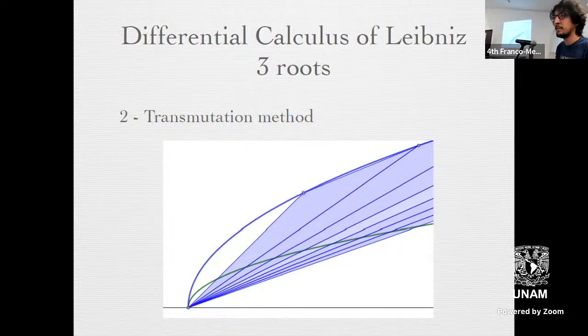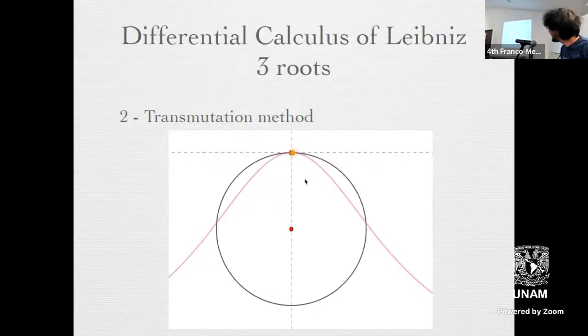That's why this method was very useful for Leibniz, because for the circle you can't compute the area with the curve, but with the transmuted curve you obtain the arctangent, the inverse of the tangent, and then you can. I made a lot of animations to illustrate. So you see the arctangent with the transmutation method. Okay, that's the second root.